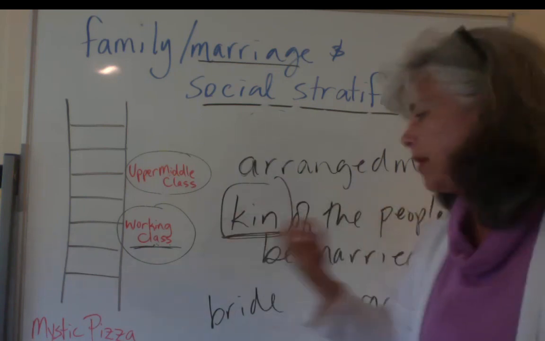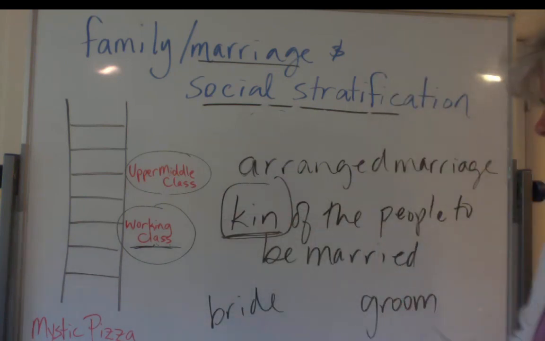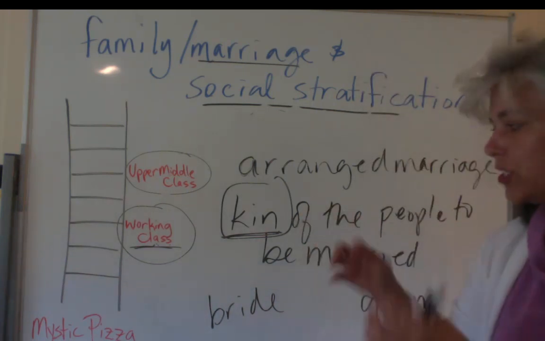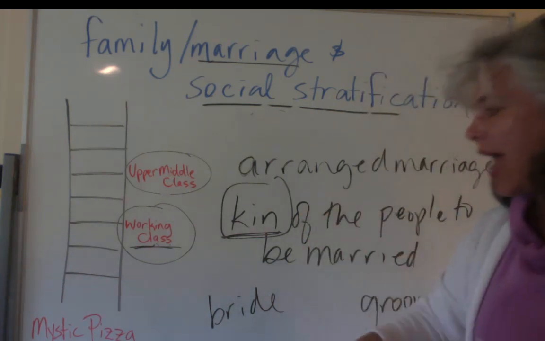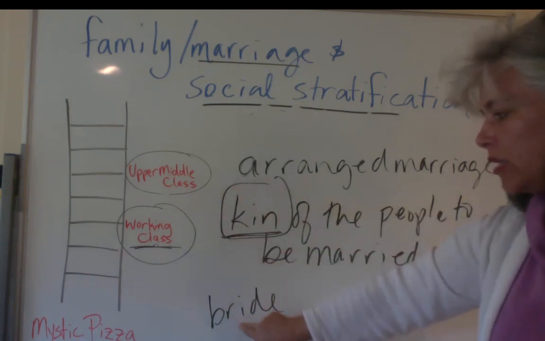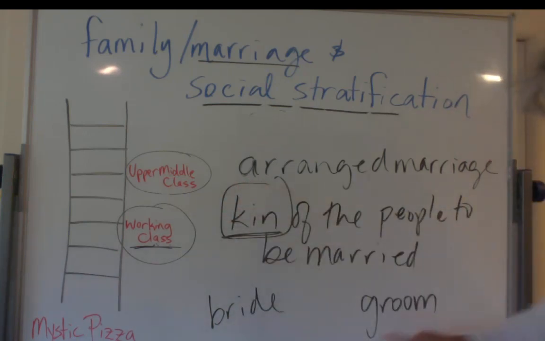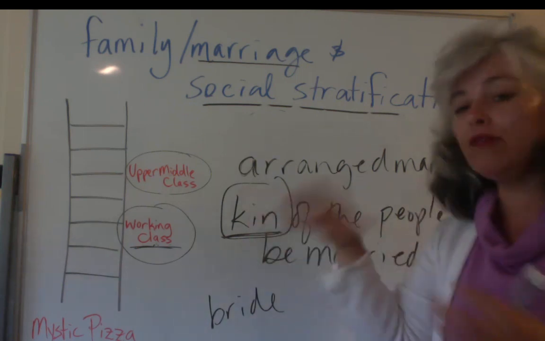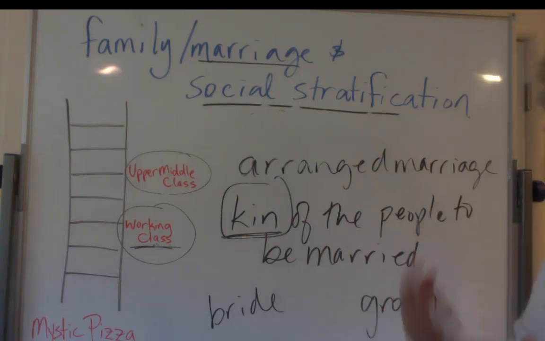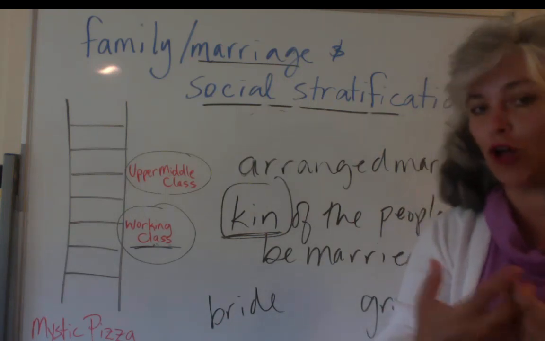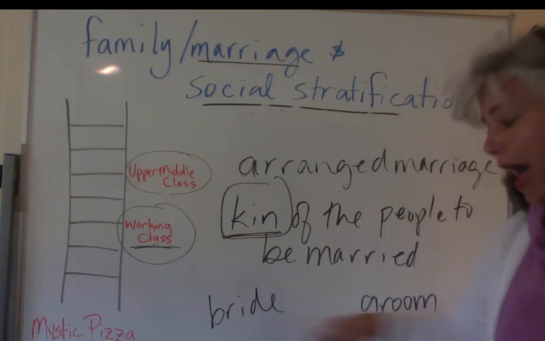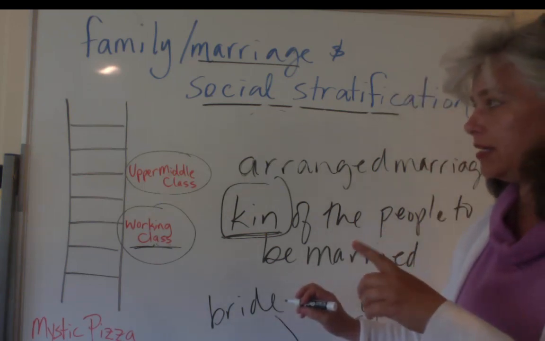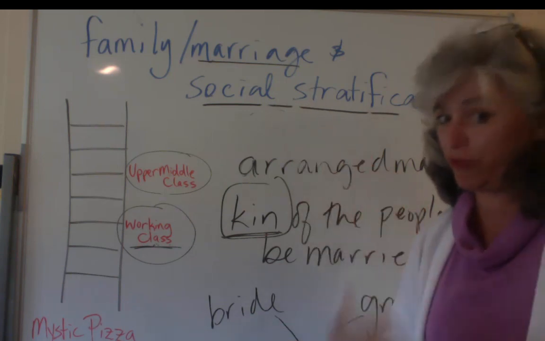Is it economic? Is it political? Is it some kind of social resource that is advantageous if we unite these two groups? And it is the kin of this person and the kin of this person who decide the best match within all of their kinship group in order to form a socially accepted union called a marriage and have children. Okay, so remember, marriage is the assumption, or family is the assumption you're caring for young, right?